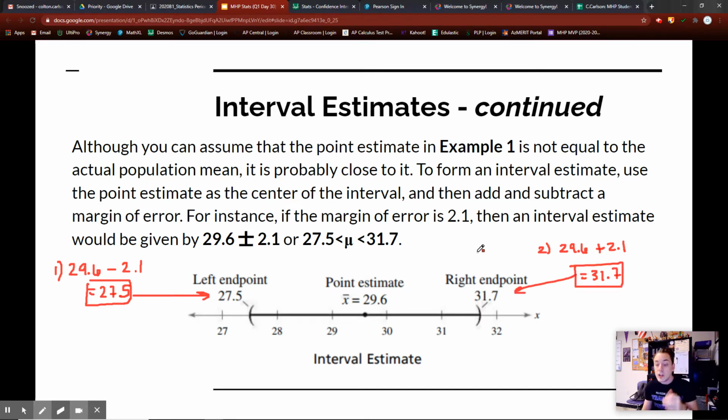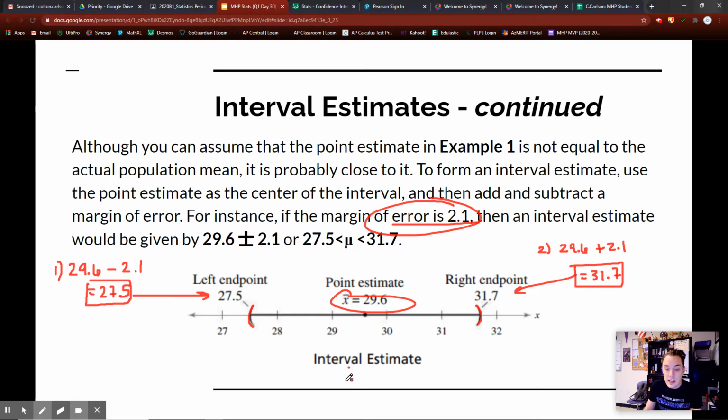So I can use this information, a margin of error, which we will find in a little bit, and add and subtract that margin of error from the point estimate to give me bounds. Now, the reason they're in parentheses is because, if you remember from Algebra 2, we call this interval notation.